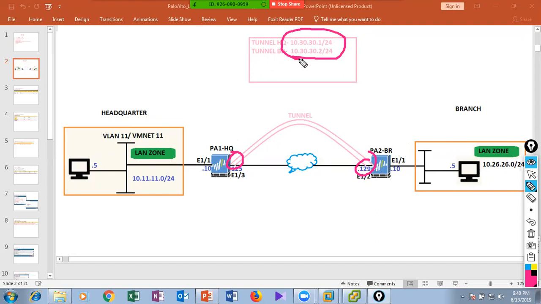If you have done GRE tunneling, then it's quite similar. GRE is proprietary, so here we will not be using GRE. Here it will be IPsec itself, because without IPsec the tunnel will not be created. You'll implement IPsec protection, and only after implementing IPsec will the communication happen. The GRE protocol is not there, but it works on a similar concept.